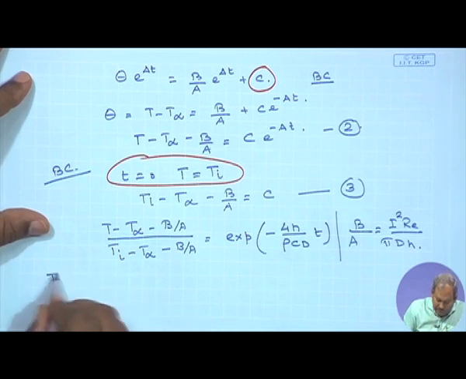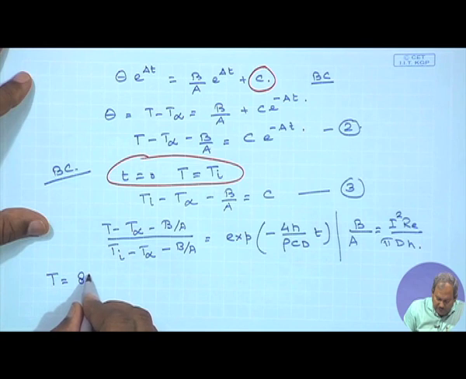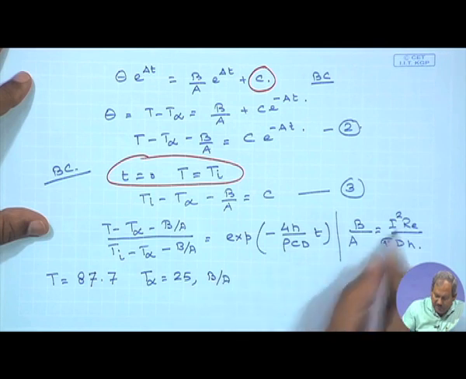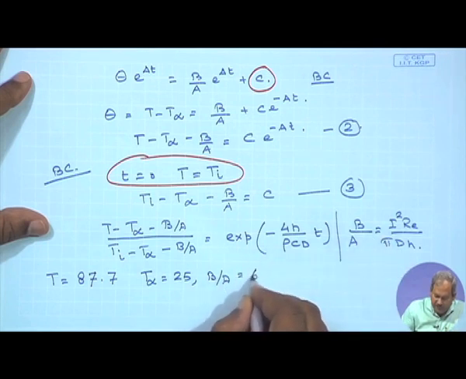So, your temperature is given as within 1 centigrade of the steady state temperature. The steady state temperature was 88.7. So, a final temperature within 1 degree of the steady state temperature would be 88.7. The T infinity is 25. The b by a, when you plug in the numbers in here, you would see that the number is 63.7.